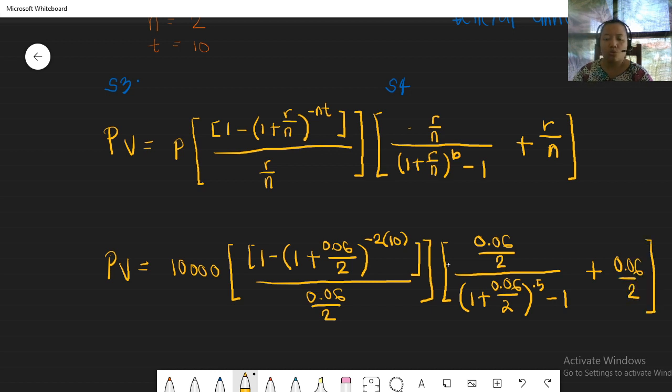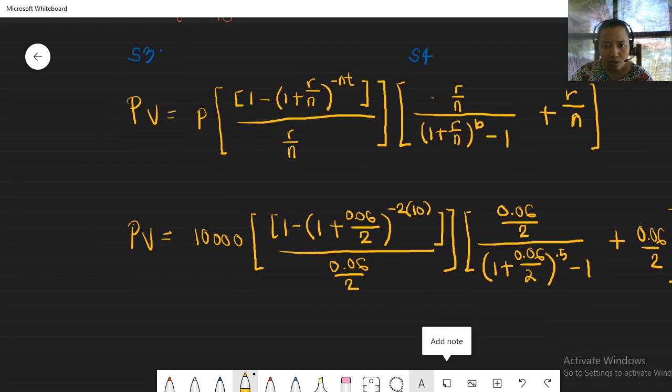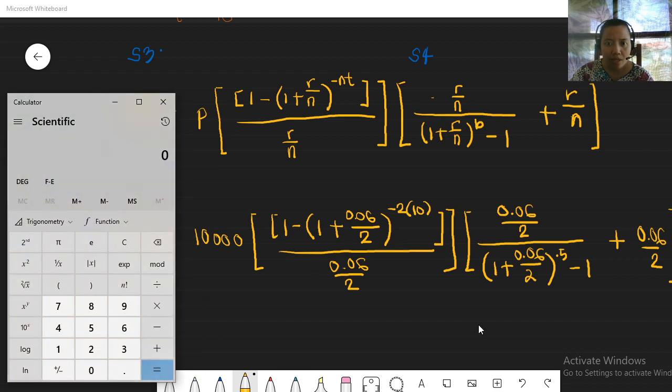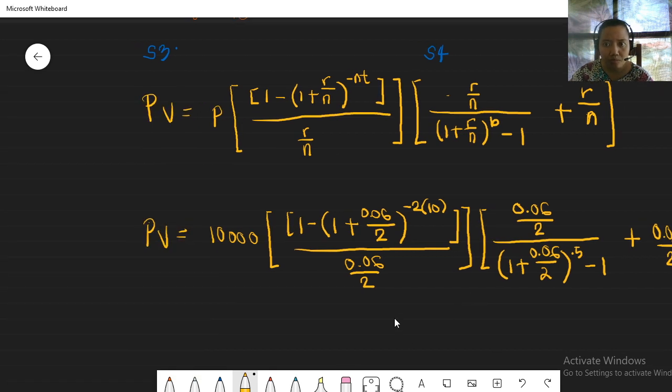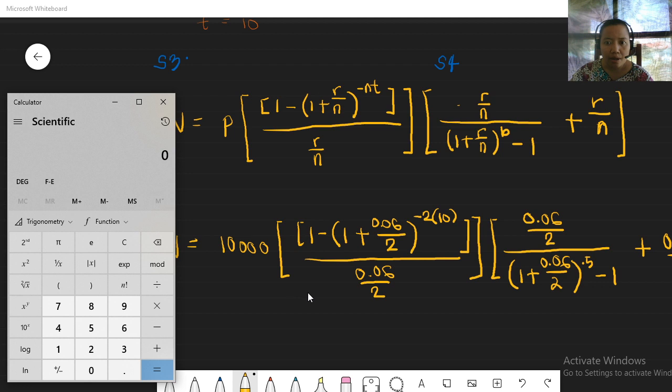Now we can use our calculator to simplify the given values. We'll calculate first the numerator, so 0.06 divided by 2. We have 0.03, and we add it with 1. Then raise to the power of negative 20, since this part becomes negative 20.